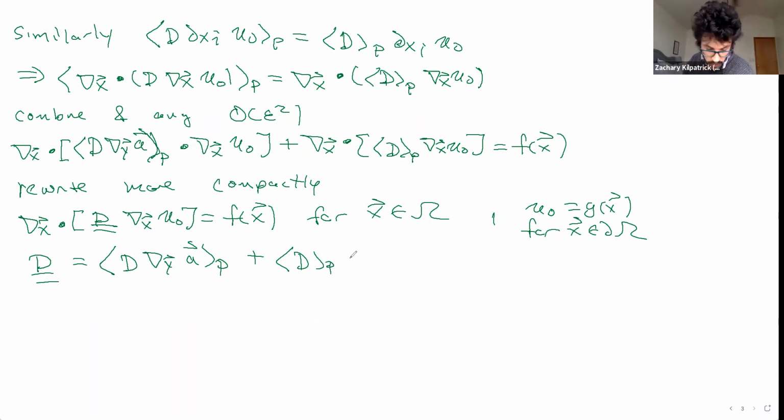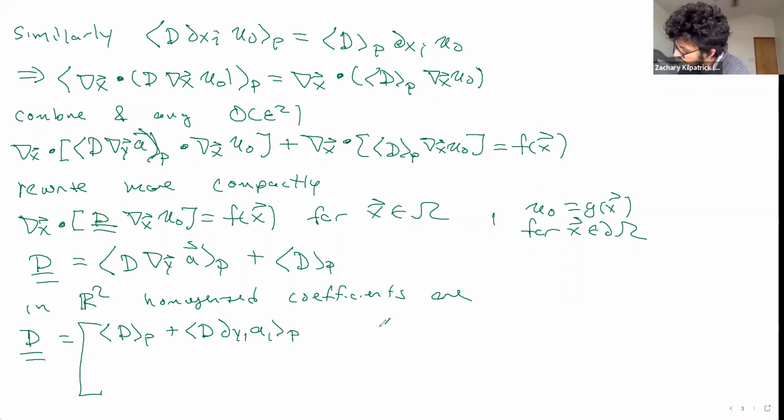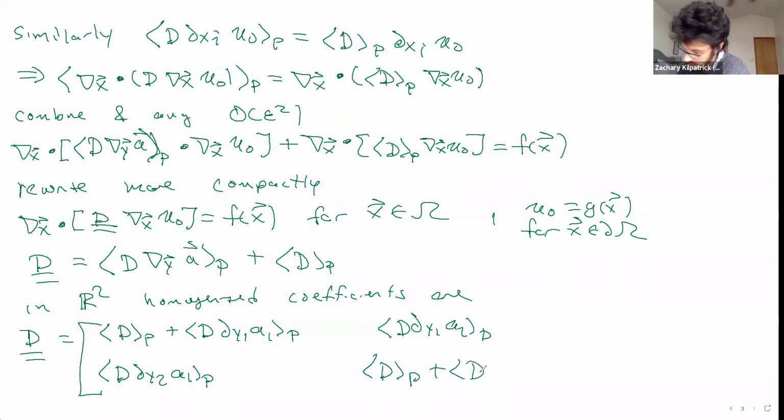So in R2, our homogenized coefficients are going to be d, which is equal to d averaged over p, d dy1 a1 p, average over d dy1 a2 p, d dy2 a1 p, and then dp plus dy2 a2 averaged over p.